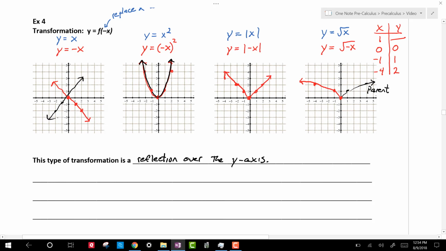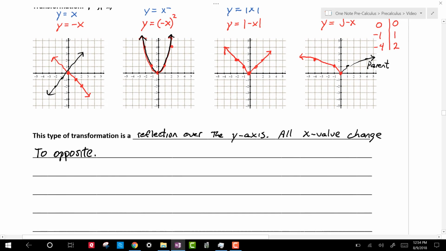Okay? So it is actually reflecting. So what happens here is all the x values change to the opposite. All right? And again, you can notice that the graphs of f of x equals x squared and f of x equals the absolute value of x, those are going to stay the same. Okay? All right.